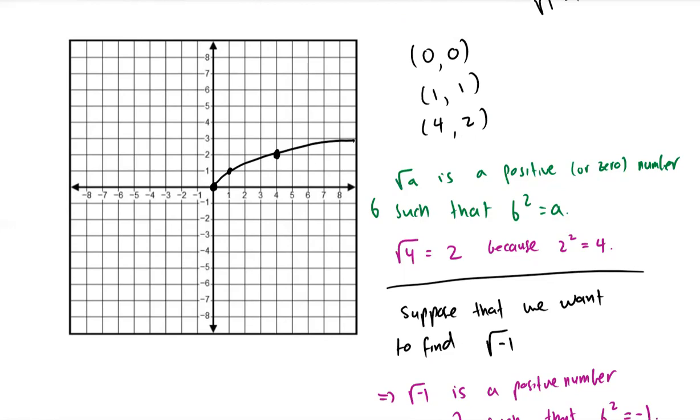It's not possible for us to draw this graph below the x-axis. So this is an example of a function that maps the real numbers into the real numbers, but whose domain is the set 0 to infinity, and we'll talk more about that notation, and the range is the set 0 to infinity.